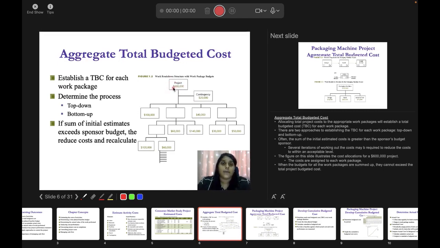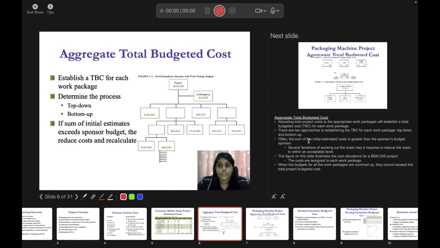Let's say your project sponsor is giving you 500,000, then you estimate that there is going to be plus minus of 100,000, and then you create 600,000, right? So the project sponsor agrees to give you 500,000, but you are accumulating for 600,000 because you don't want it later on going over the budget. So you are going to plan out with 600,000 first.